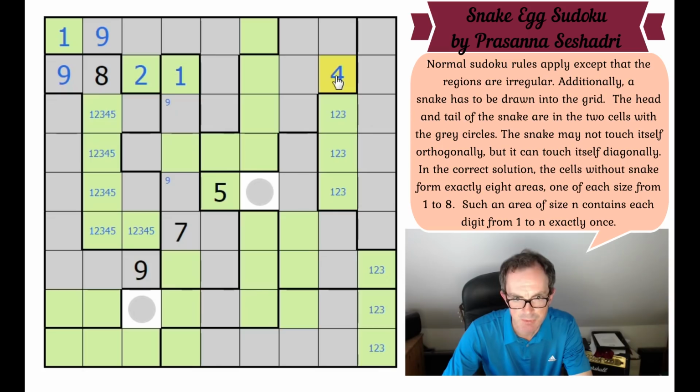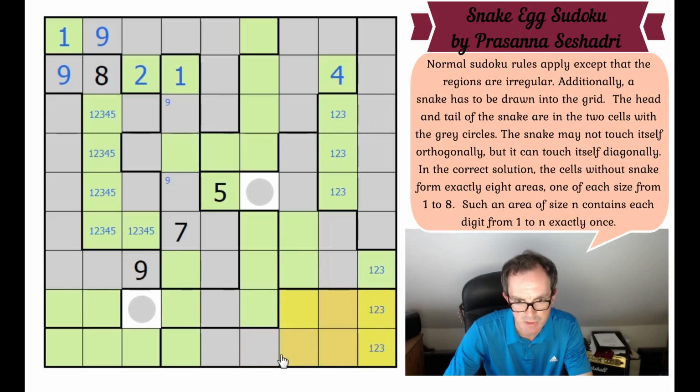Now we should be able to do that in other places if we are diligent. Let me just see if I can spot somewhere useful. Yeah, so if we look across the grid here, it's not that helpful, but these 2 dominoes contain the same digits, because if we draw the imaginary line along here, we know everything below this line, there's got to be 2 sets of the digits 1 to 9.